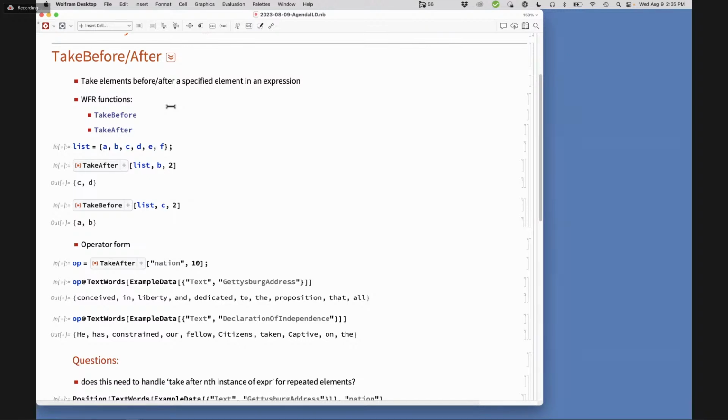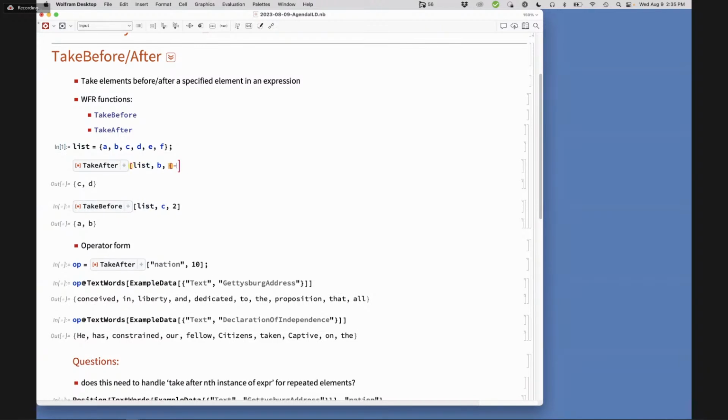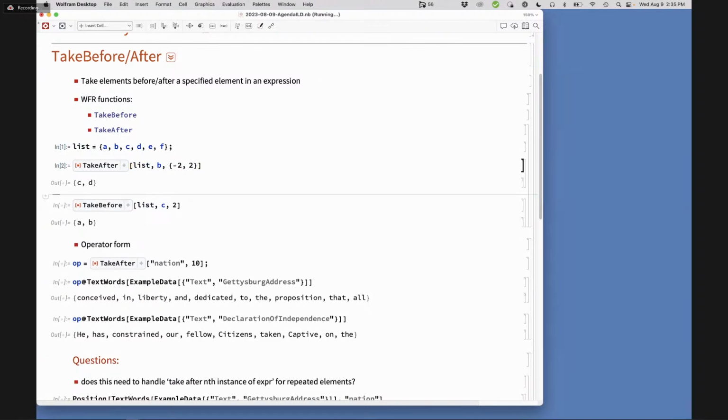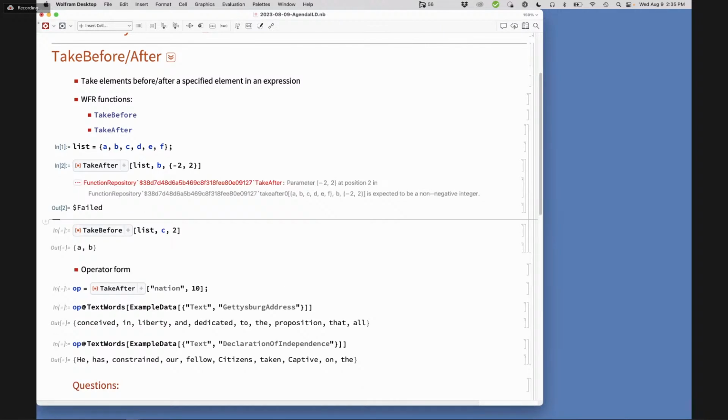Right. The thing that I'm a little bit confused by is that TakeAfter could have a third element there. This could be, let's say, -2 to 2. Am I right? Yes. Certainly.